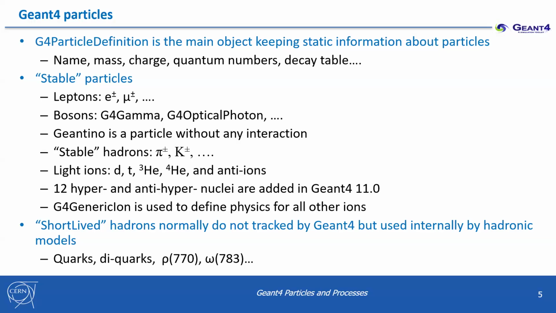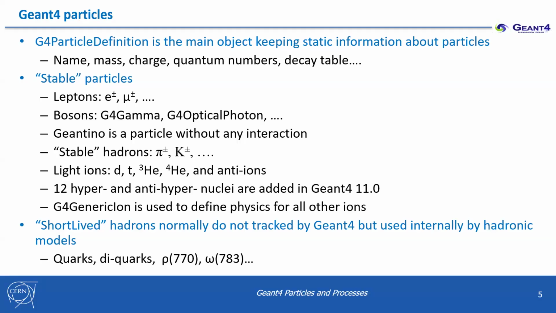They have a lifetime. And there are light ions, like deuteron, triton, helium-3, alpha particles, and their anti-light ions. We have 12 hyper and anti-hyper nuclei, which were added recently to Geant4.